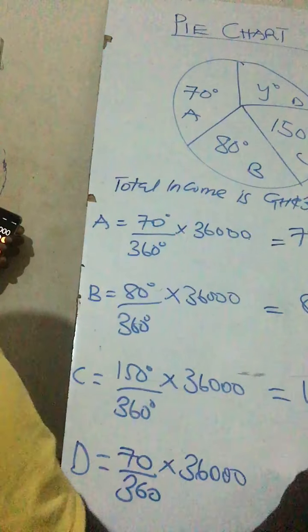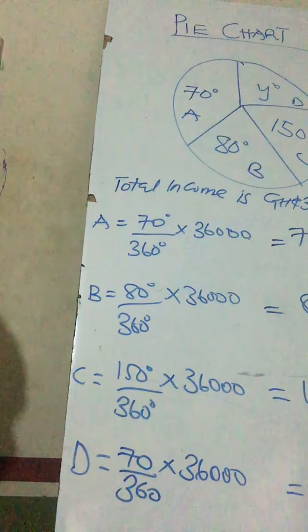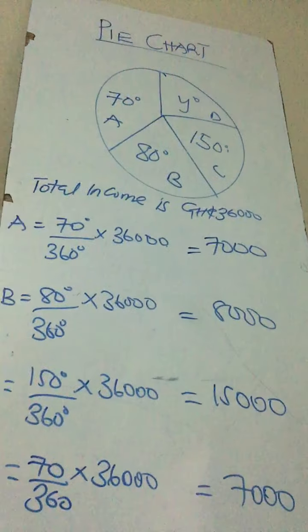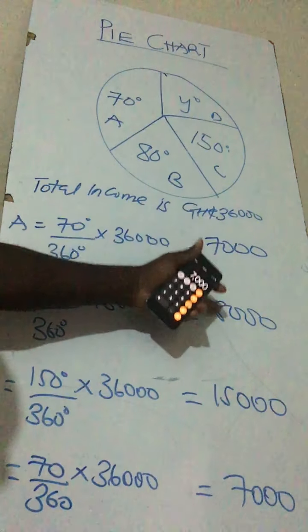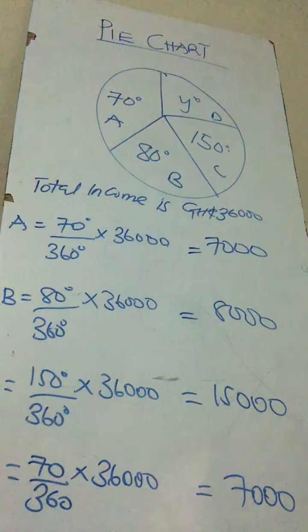We get here to be 7,000 Ghana cedis. You get it? And so at the end of the day, when you add the monies involved, when you add this, and this, you will get the 36,000 that she shared.